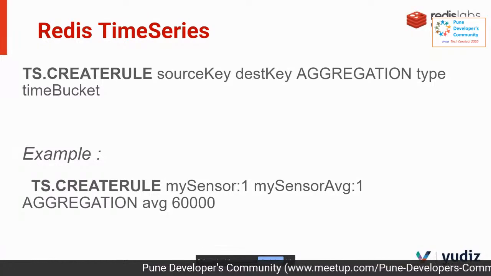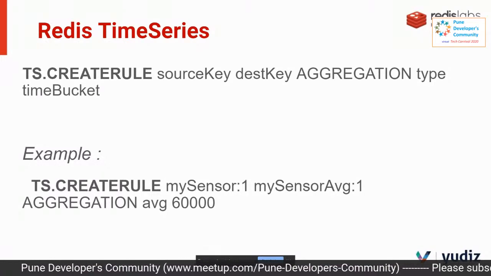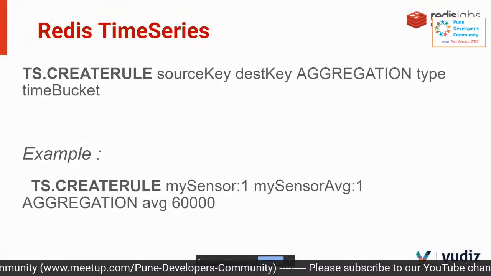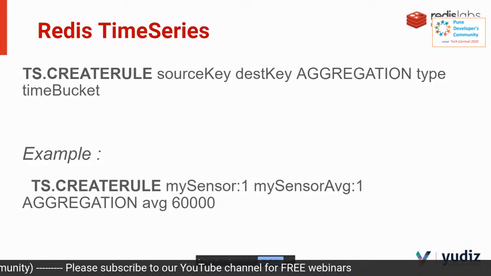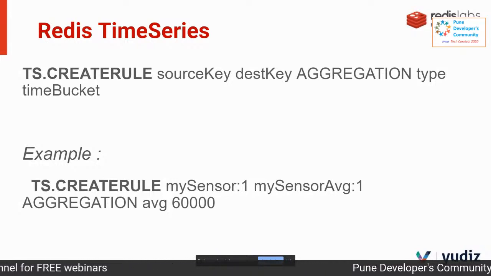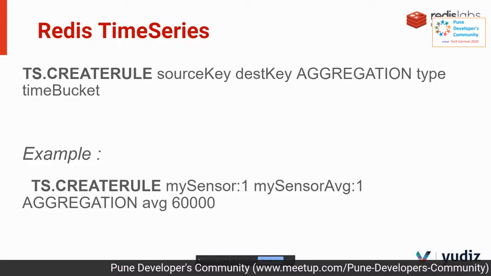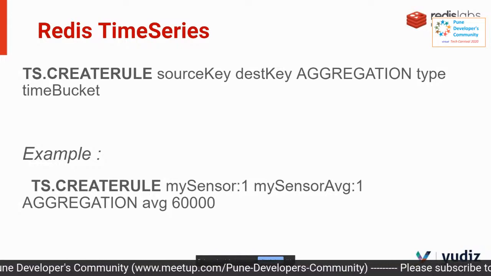So every 60 seconds it creates the aggregate, so my second key will not have all the data and it can provide me faster aggregation.